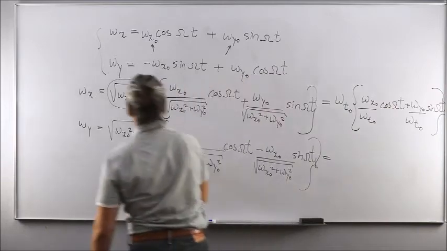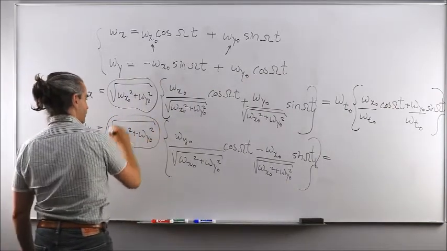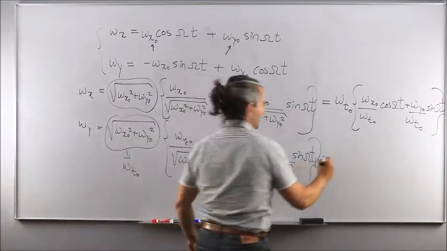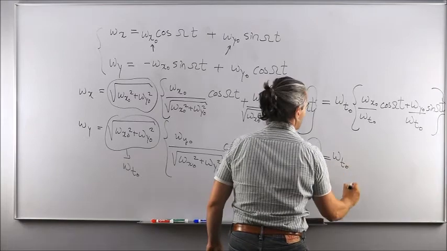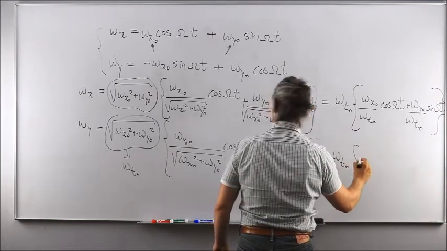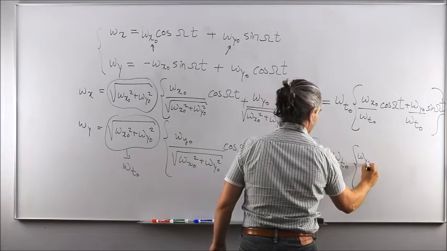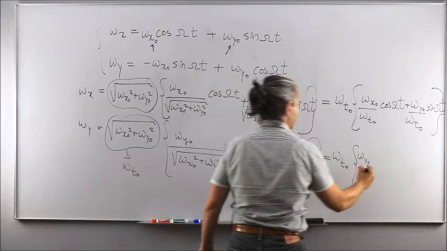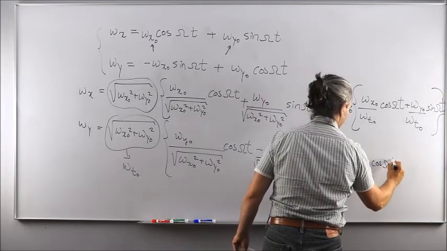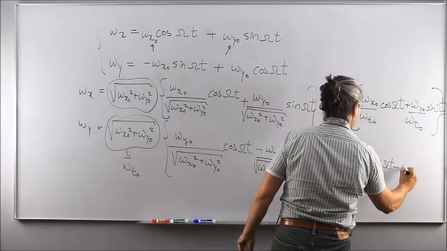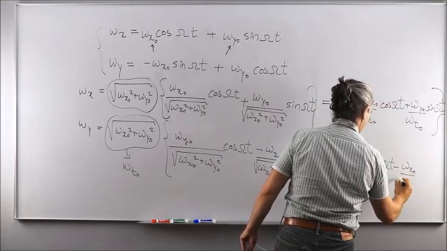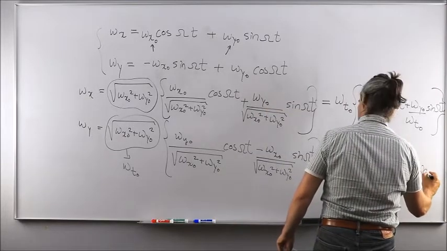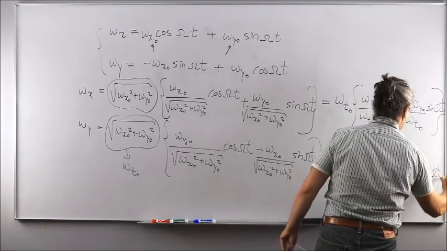And here, same idea. We have seen just before that that was actually omega t naught. So this could be omega t naught times omega y naught over omega t naught, the transverse initial angular velocity, times cos of omega t, minus omega x naught over omega t naught times sine of omega t, and close the brackets.